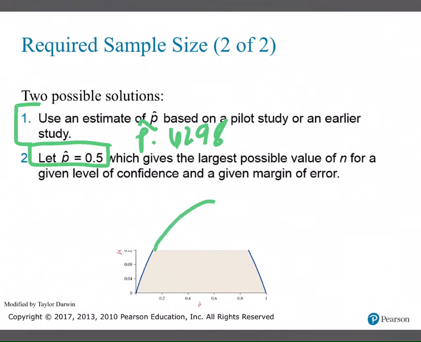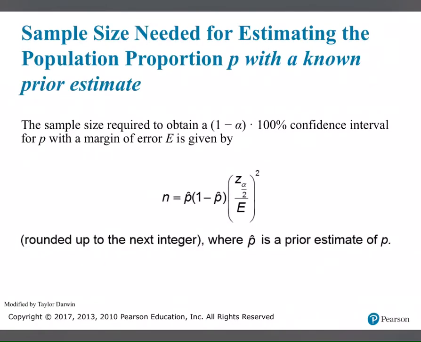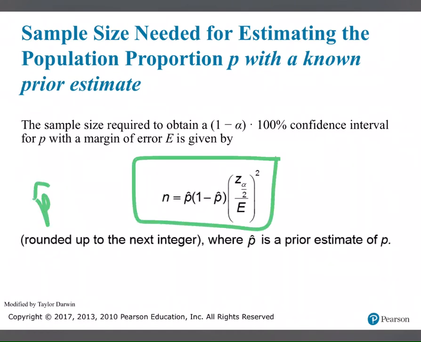And this should look like that. Sorry, I don't know why it cut it off. But basically, technically, if you're not given a p hat, a good estimate is to say p hat's just in the middle, which is 0.5 or 50%. So again, this is the formula that we're going to use when we have a p hat that we know, because we just plug in the p hat for these variables.